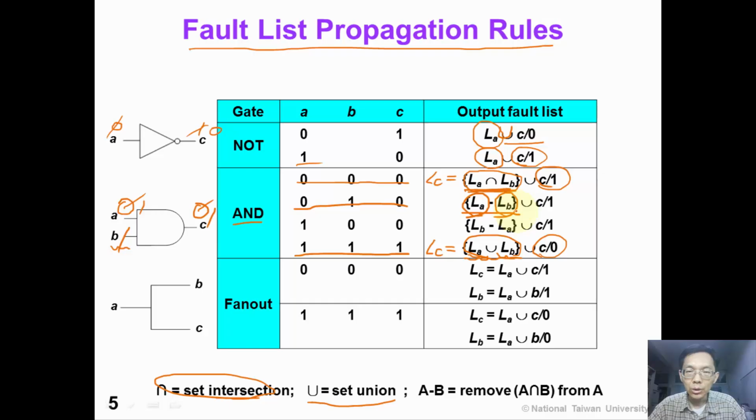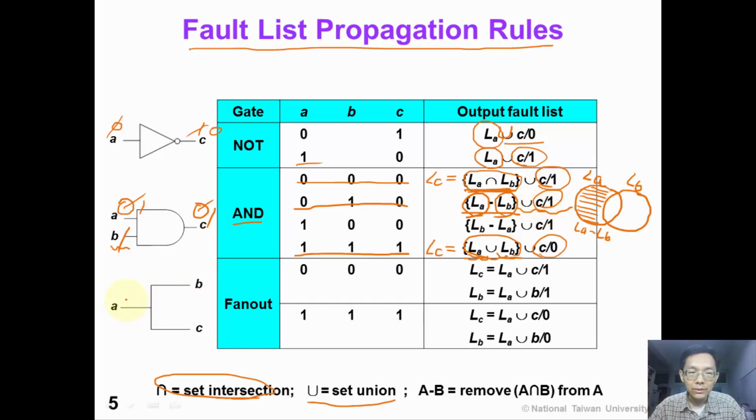So we need to have LA minus LB. This notation represents that we remove the intersection of LA and LB from the set of LA. So the shaded part represents LA minus LB.